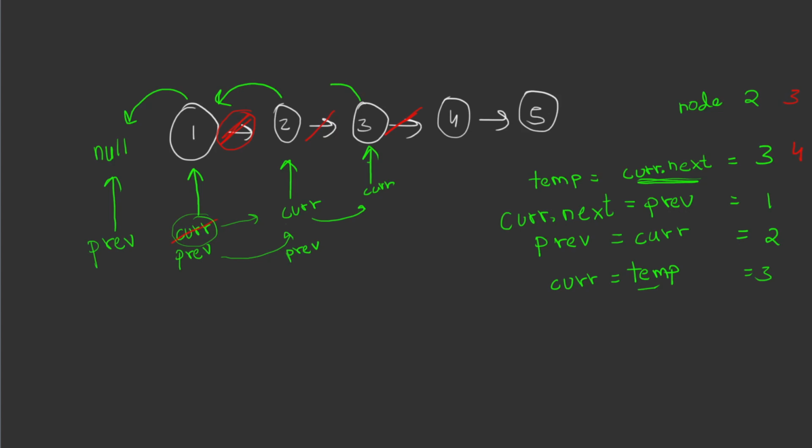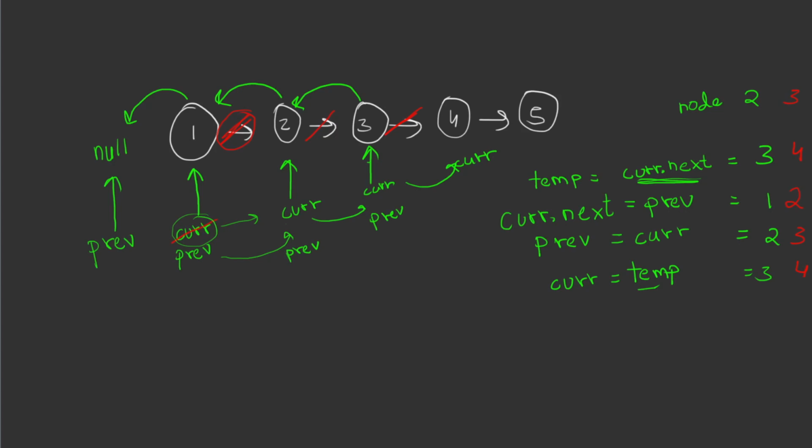So let's have a color pointing there. That's equal to now 2. And then previous equals current, so we move previous over to here. And then we move current over to here because we know current is equal to temp, which is 3. And then current is now equal to 4 because we have to move the node over by 1.